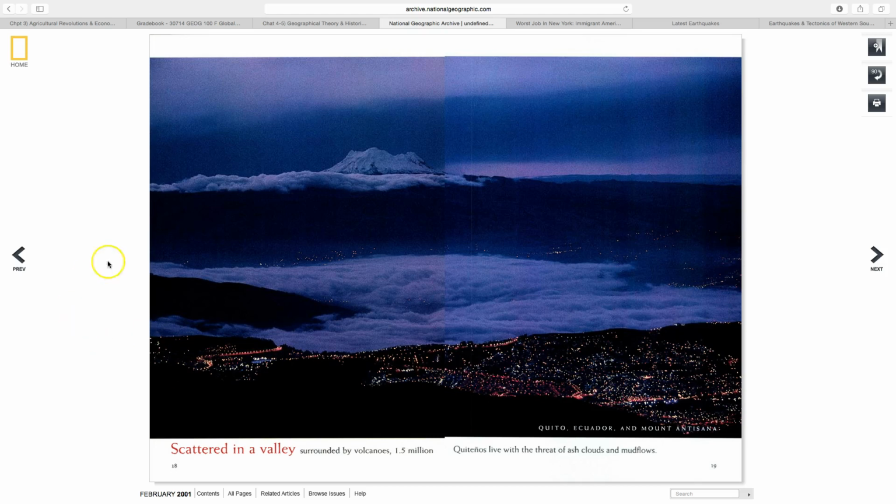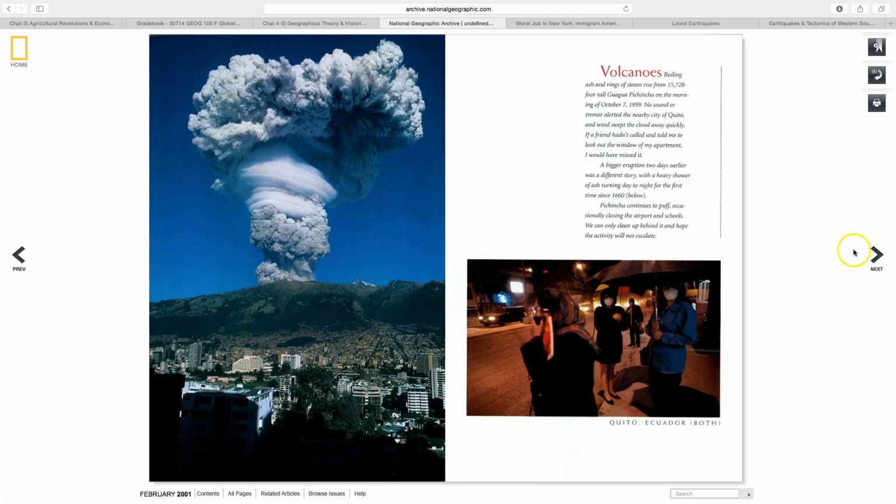Now, the Inca had a very interesting relationship with the volcanoes of the Andes, in that they found the volcanoes to be these sacred places.